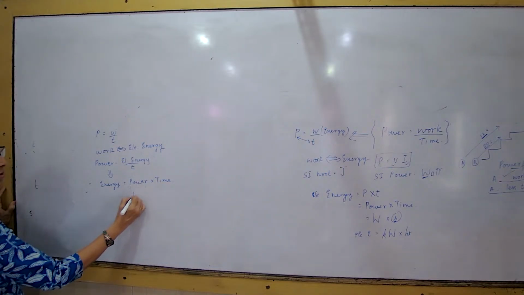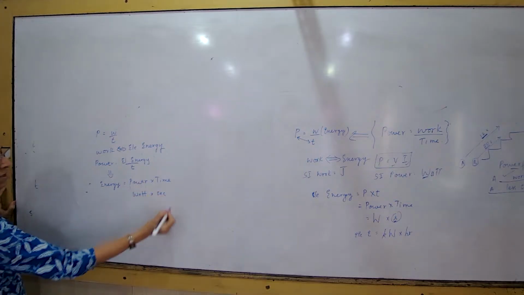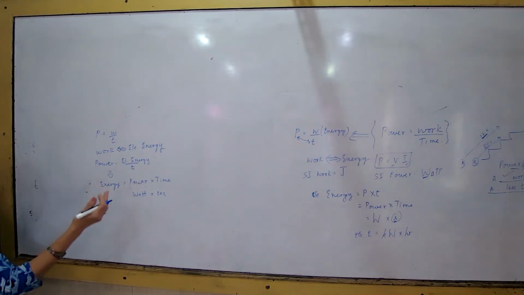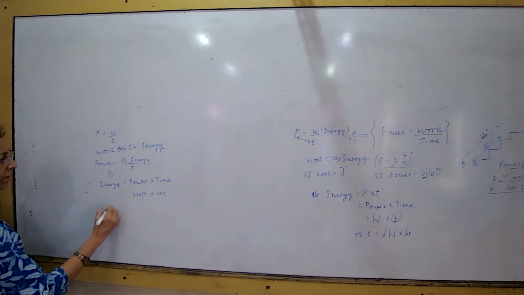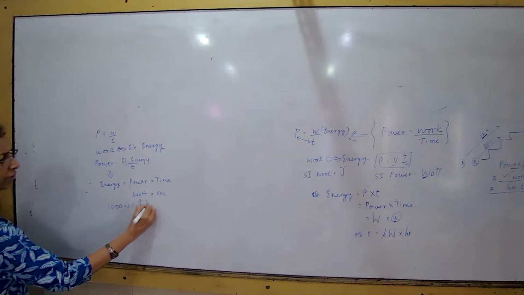Now power is usually given in watt and time is usually given in seconds. But these are very, very small units and it does not make any sense, because we know that all the electrical appliances are going to work in hours. So now we are going to use a bigger unit. What is a bigger unit? 1000 watt is equal to 1 kilowatt.